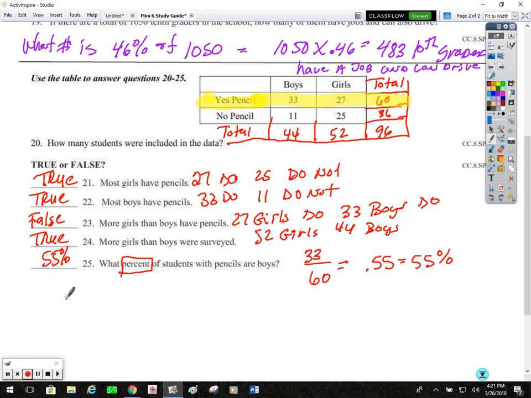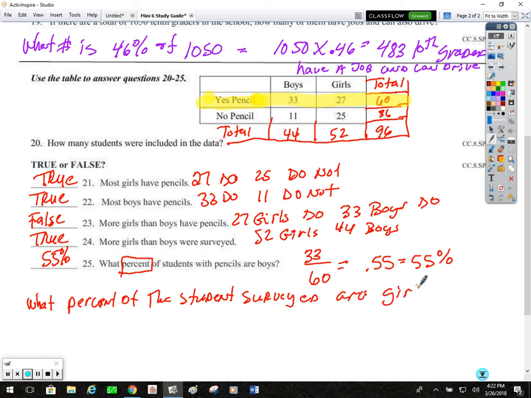So what percent of the students surveyed are girls that do not have a pencil?